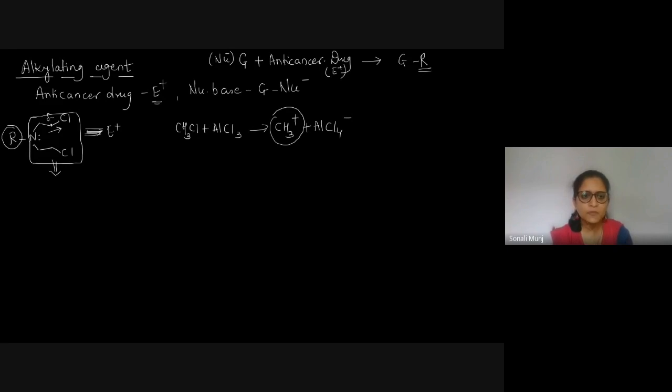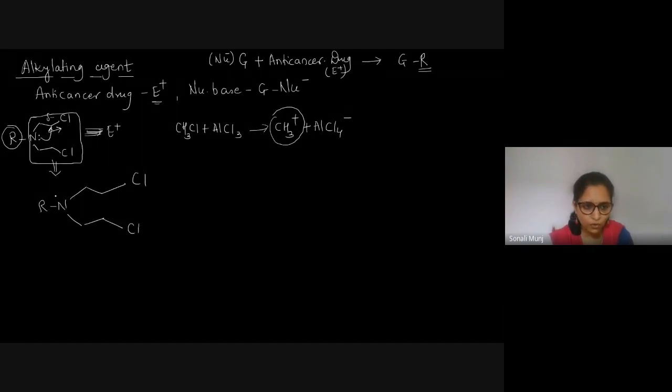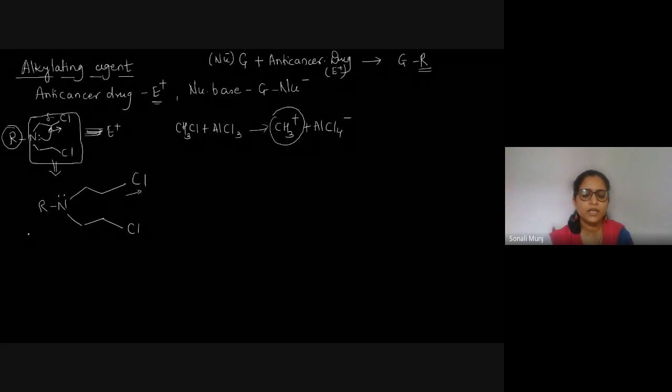So when this particular carbon is partially delta negative, the lone pair of electrons on the nitrogen will attack this carbon. I'm rewriting this structure a little bigger so that it is easy for everyone to see. I have said that chlorine is an electron withdrawing group. Chlorine has very high electronegativity, so it will try to pull the electrons towards itself.